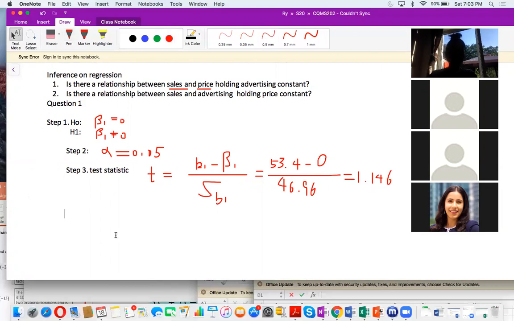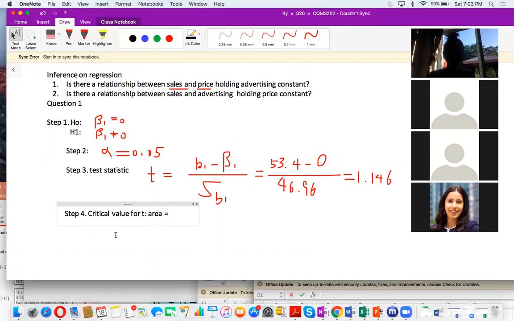And step 4, critical value. Critical value for T, not for Z, not for F, not for chi-square. How do you find the critical value for T? You use your calculator.